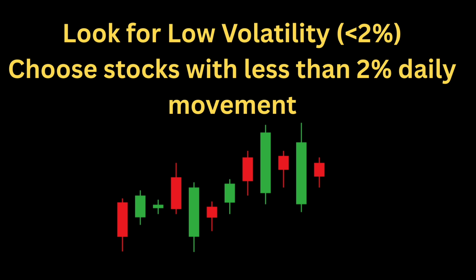One of the first things we should look at is volatility. If a stock moves very wildly, it's very risky. Ideally, I look for stocks where the daily price movement is less than 2%. That means the stock is stable and I don't lose a big amount of my capital in one wrong trade.